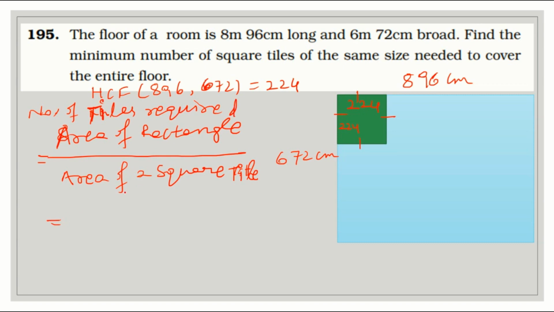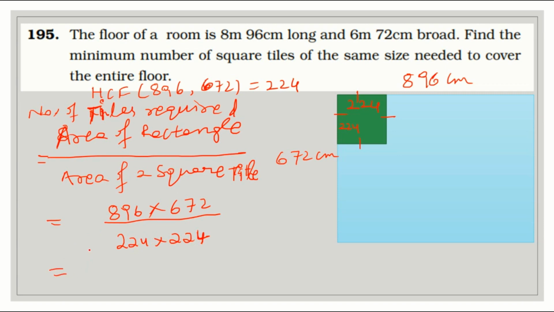How do you find the area of a rectangle? 896 into 672, the length into breadth gives the area. Now how do you find the area of a square? 224 into 224, because it's a square, side into side.